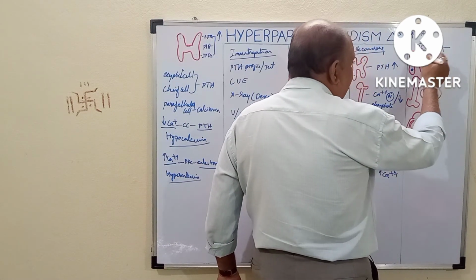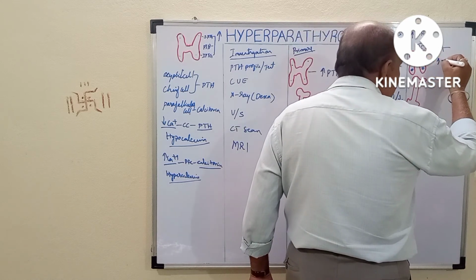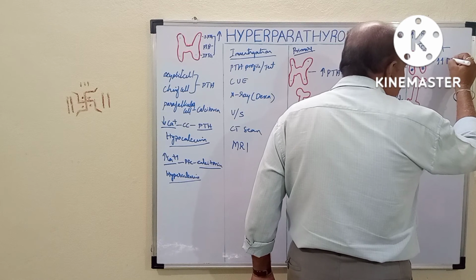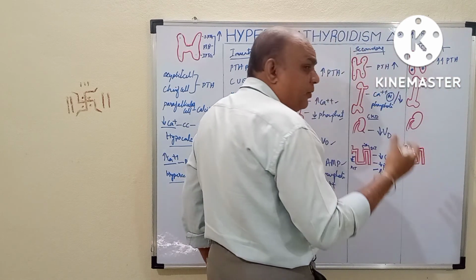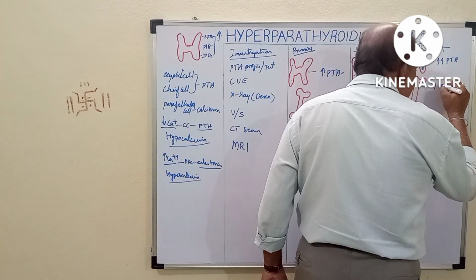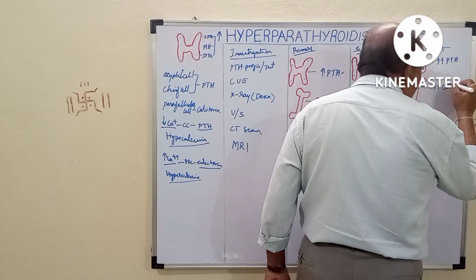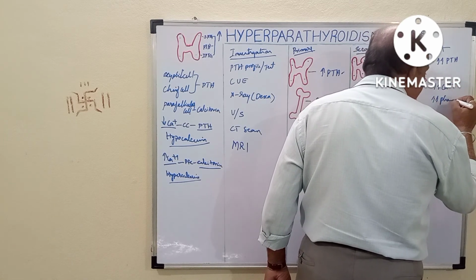Now when they are in the abnormal stage, they will secrete high parathyroid hormone. When they have become habituated to secreting high parathyroid hormone levels, the calcium levels will also increase with high phosphate levels.